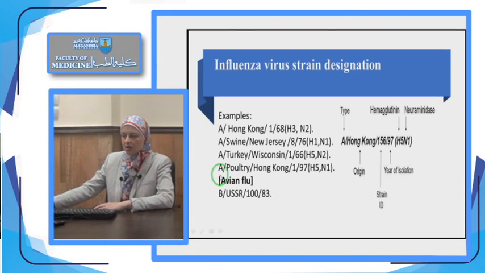Type A with poultry, avian origin, appears in Hong Kong. This is the strain number and this is the year. This is H5N1, the strain which caused the avian flu in 1997. If it is B, we just put the geographic origin, the strain number, and the year.